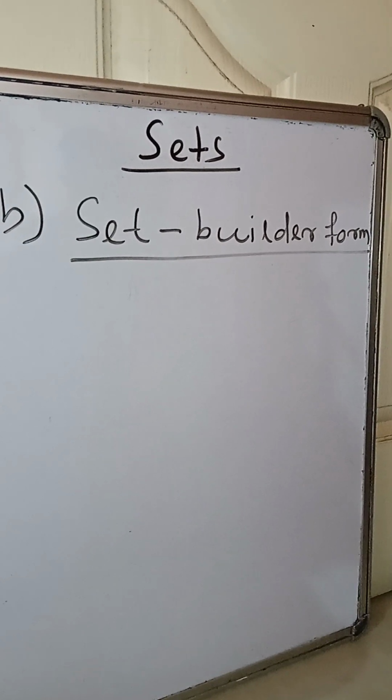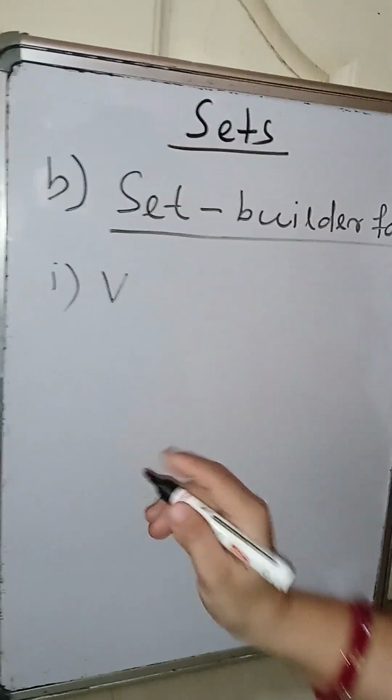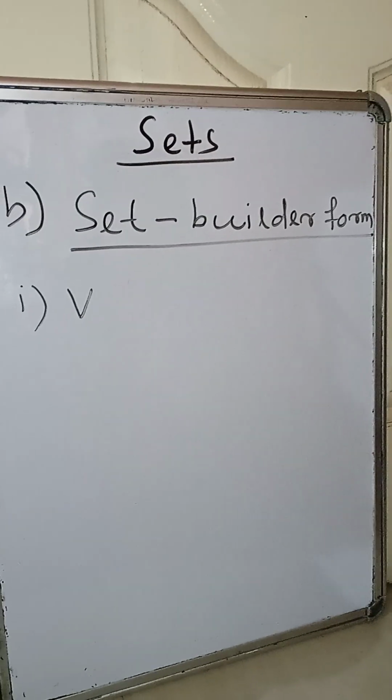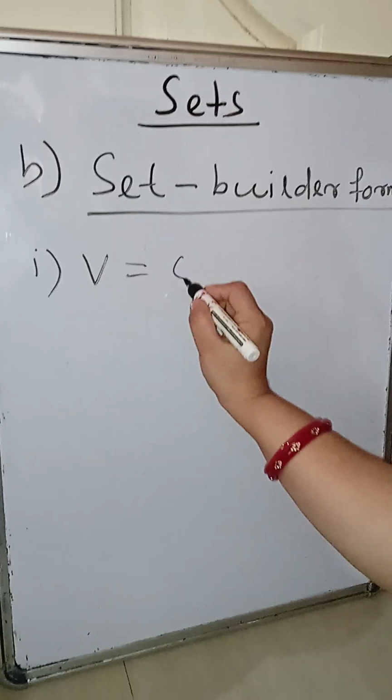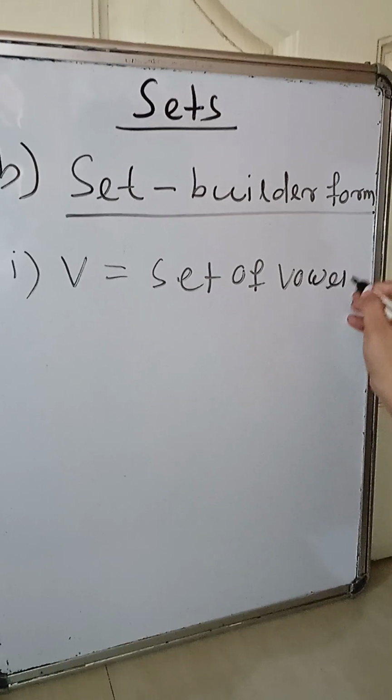For example, suppose the set V, which we earlier discussed in roster or tabular form, the same set V, is the set of vowels in the English alphabet.